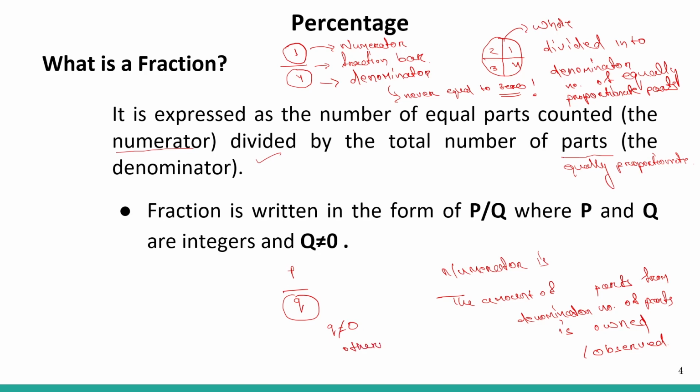Otherwise, P by Q is undefined or meaningless, as we say. So always remember Q must not be equal to 0, and you need to put this condition wherever you see a fraction. And if Q is not written explicitly, then you need to write down here the condition that Q can't be equal to 0.